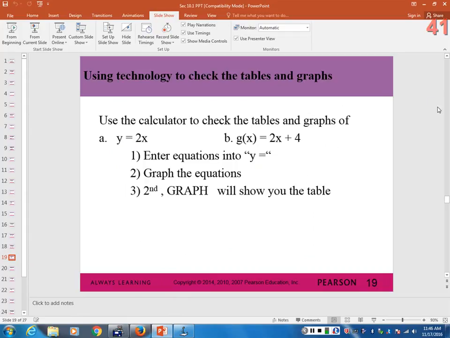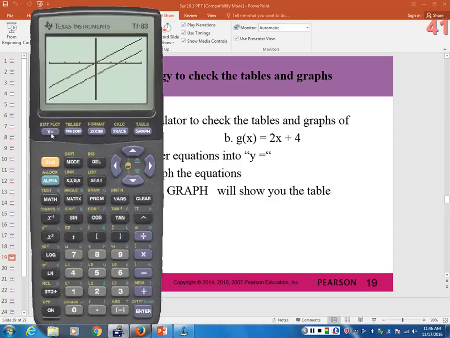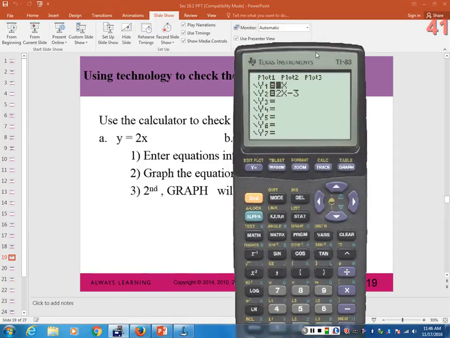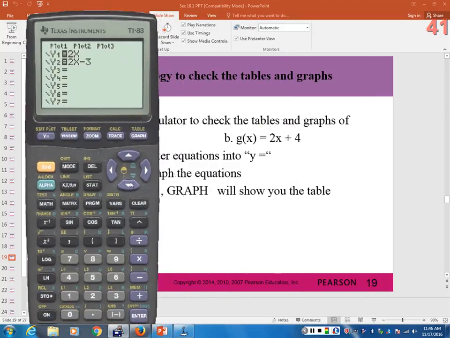And the graph looks a little different, but not much, because the scaling on the window is different. Okay? So, as the slide says, use your calculator to check the tables and the graphs of these two. Well, the only thing we have to do is go back to y equals. And our first one is still 2x, but our second one is 2x plus 4.